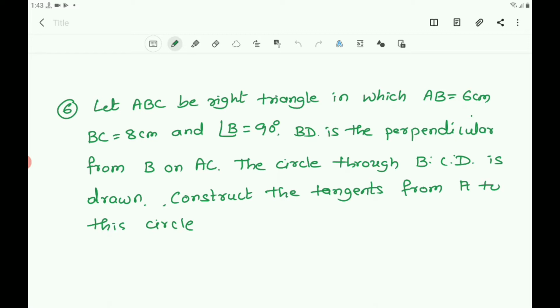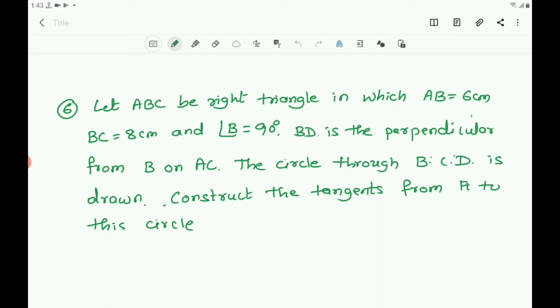After that, we have to draw the perpendicular BD to AC. That is, B is the right angled vertex. We have to draw the perpendicular from the right angled vertex to the hypotenuse. Then we have to draw the circle passing through the points BCD, which means we have to draw the circumcircle of the triangle BCD.